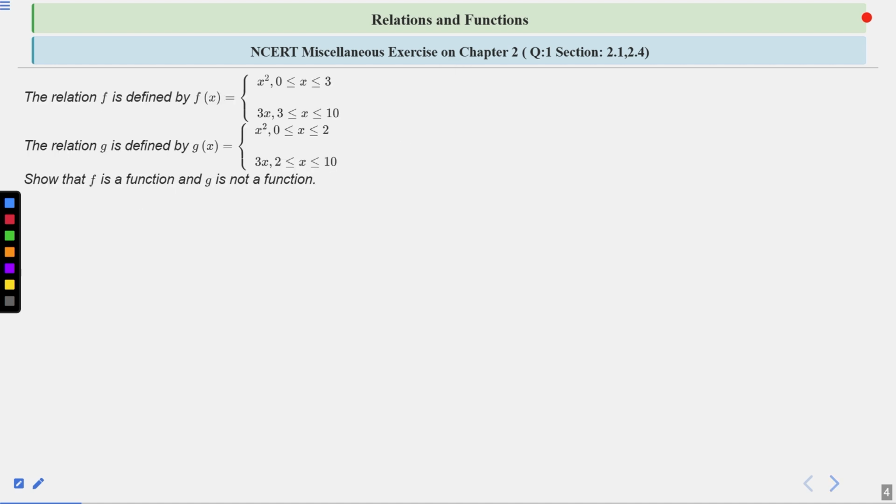So, quite simple. Just recall the definition for a relation to be said to be a function. When we say that a relation is a function, first of all, the set of all inputs must be the same as the relation's domain.